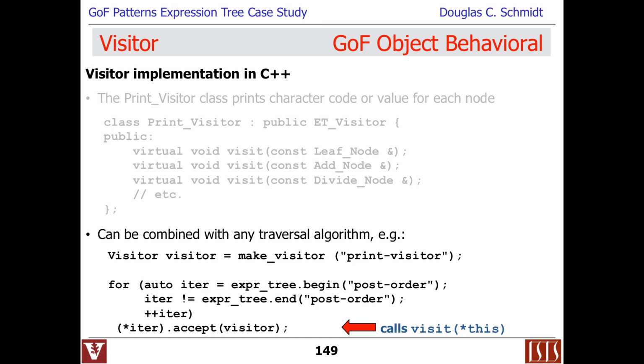When you say, star iter accept, that's doing a dynamic dispatch. That's going to take that pointer, find its v pointer, find the appropriate slot in the v table that corresponds to the accept method, index into that vtable slot, find a pointer to a function that implements accept for that appropriate subclass of component node, in this case maybe a leaf node, for example. Then it calls that function, passing in this and any parameters, in this case the visitor. So that's how the dynamic dispatch gets done.